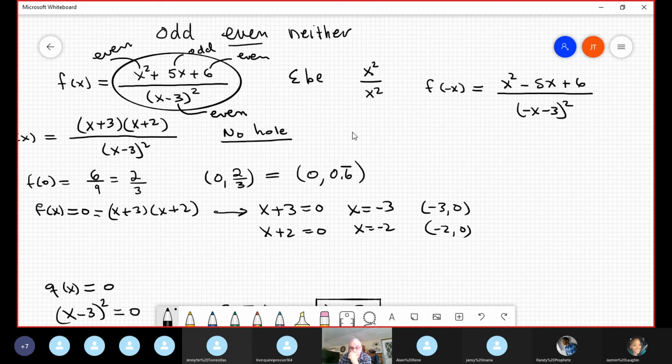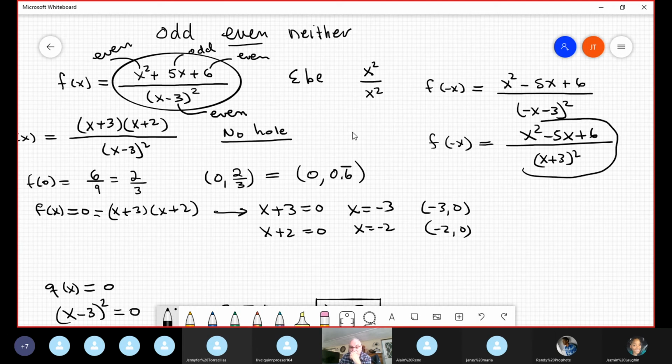Oh, this changed also. So f of minus x is, in the top, x squared minus 5x plus 6. In the bottom, this negative and negative together, squared, become positive. So actually it's x plus 3. Wow, do you see that? You consider in your mind this negative and this negative, you factor out a negative 1, and negative 1 squared is positive 1, and positive 1 is invisible. Now we compare this and this, totally different. It's neither.